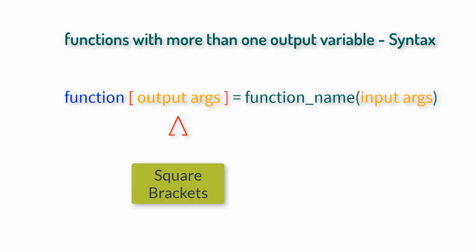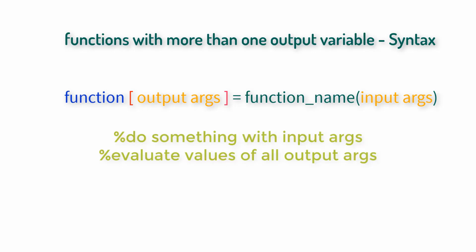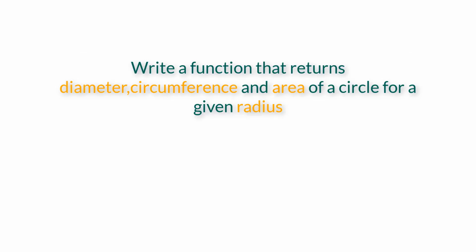That's the most important part of the syntax, the square brackets, and then you have the function name followed by input arguments in parentheses. Once you have written this header, the next thing is to do something with the input arguments that you have and evaluate each and every value inside the output arguments. And finally, you end the definition of that function.